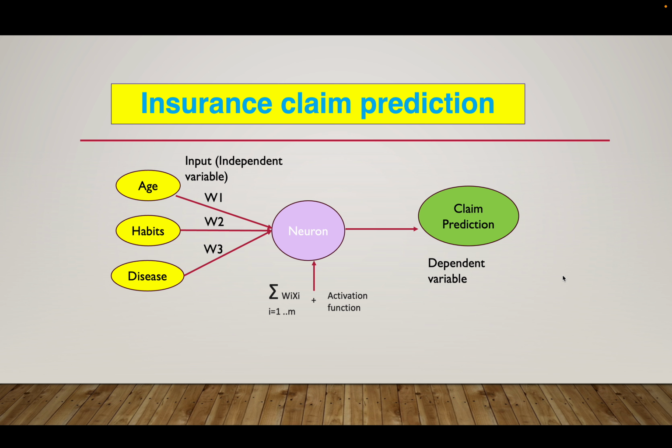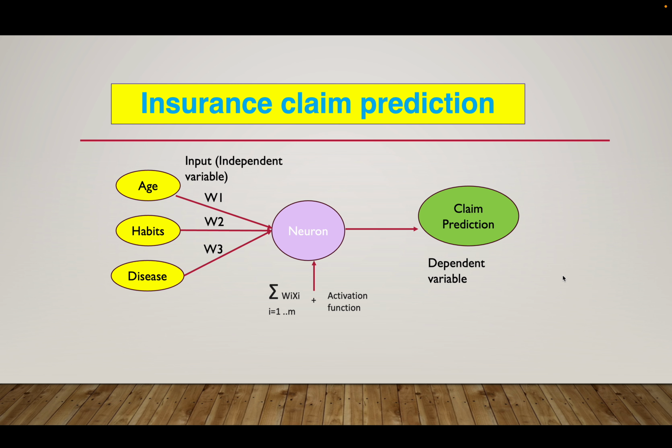First we need to identify the independent variables, which are called our inputs, because this can be anything which can be of some importance to this system to predict the probability of a claim, like the age of the insured person, what the habits or lifestyle of that person are, and whether there is any existing pre-disease or not.